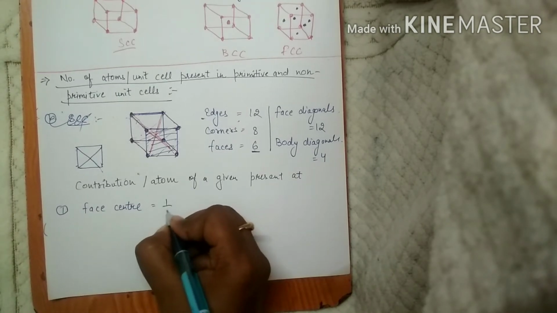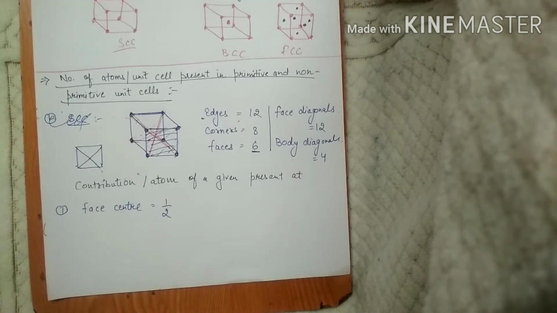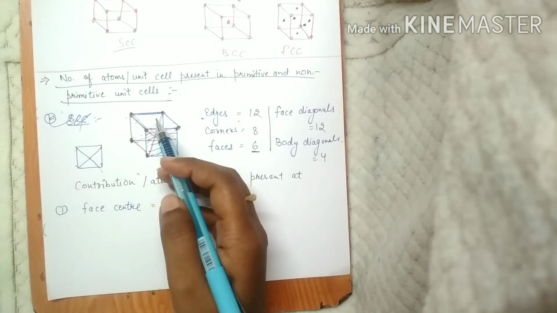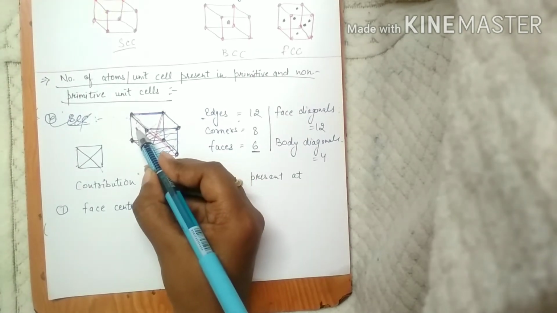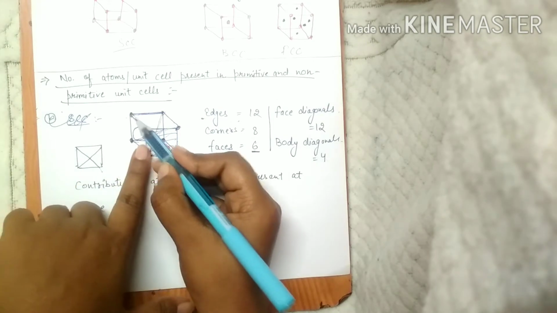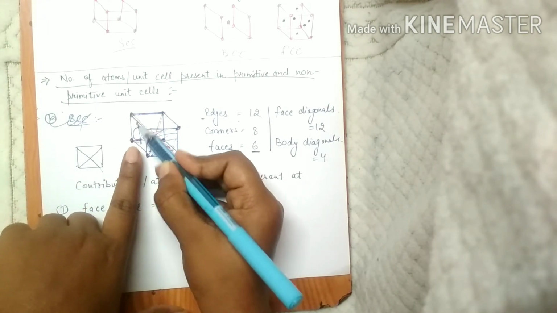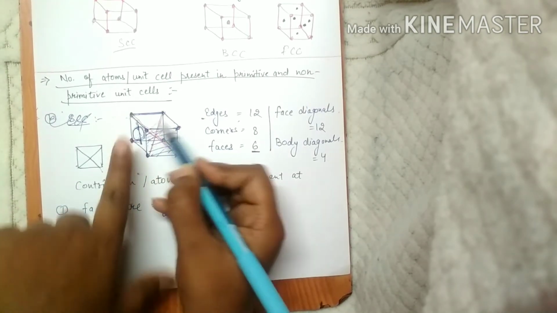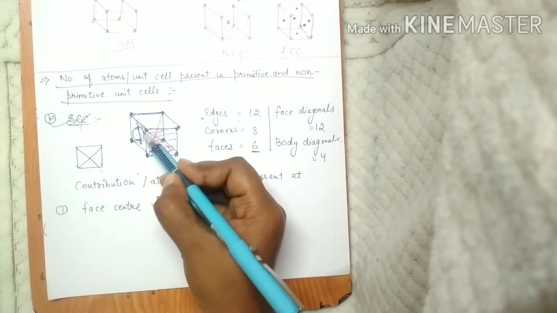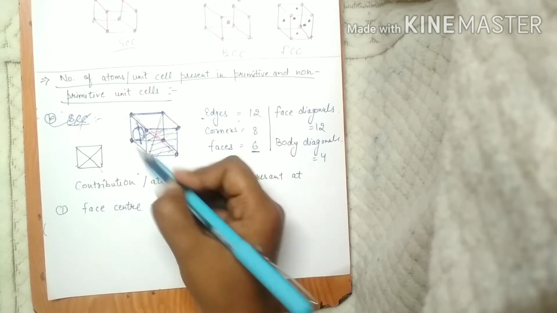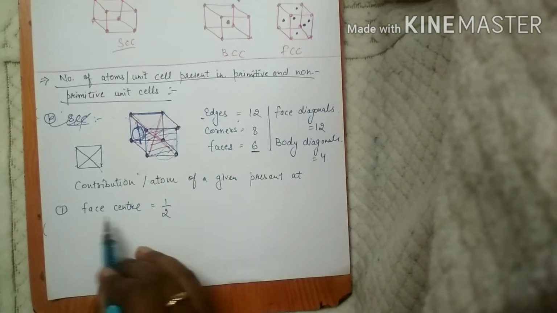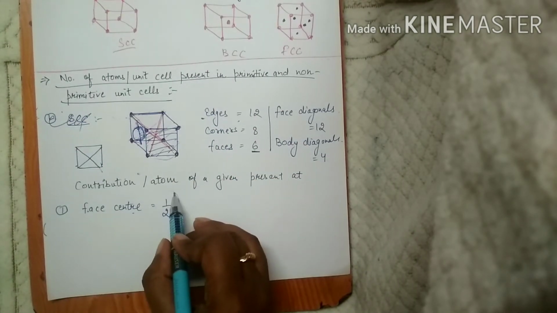It is going to contribute half. How? Suppose this is a cube and one atom is present at this face, so half of this atom will be present inside this cube and half of this atom will be shared with the adjacent cube. So only half of this atom is shared with one unit cell. So face center contributes only half of the atom.